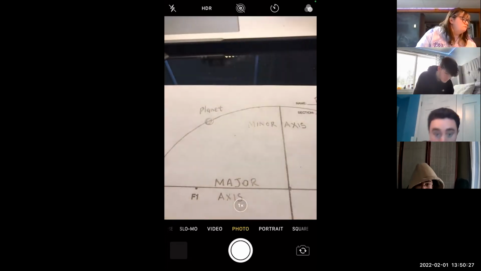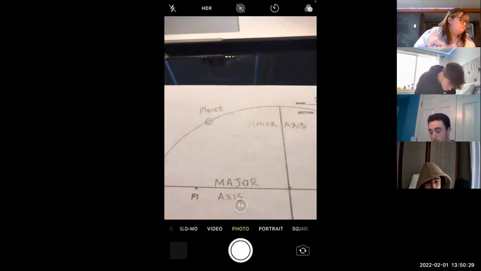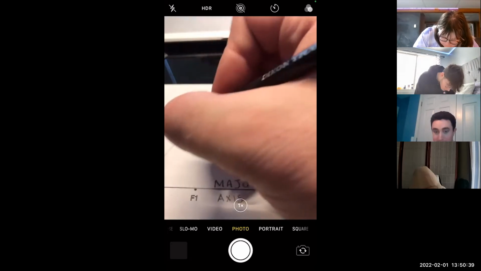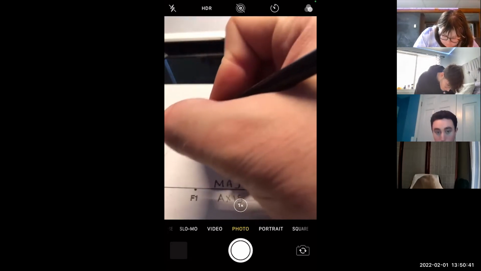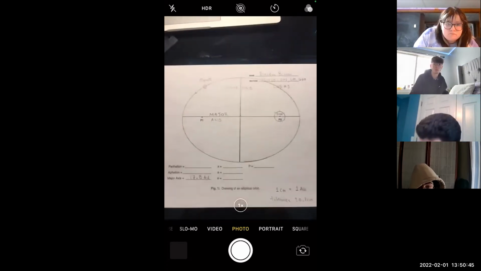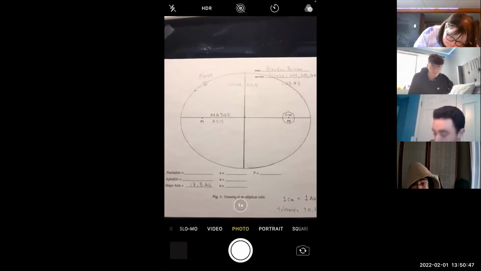Now, planets tend to orbit the sun counterclockwise. Keep your pencil real sharp. So I'll draw the direction, assuming we're looking from the north pole of space. The planet is orbiting counterclockwise, okay?